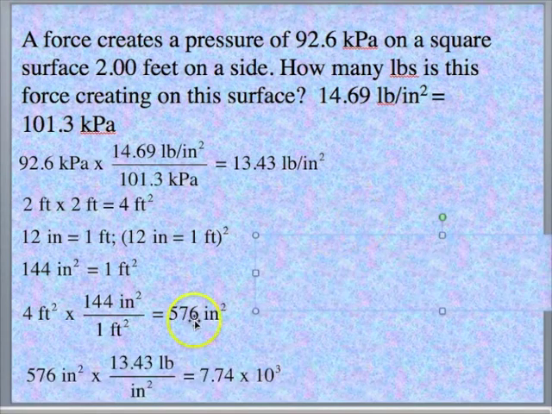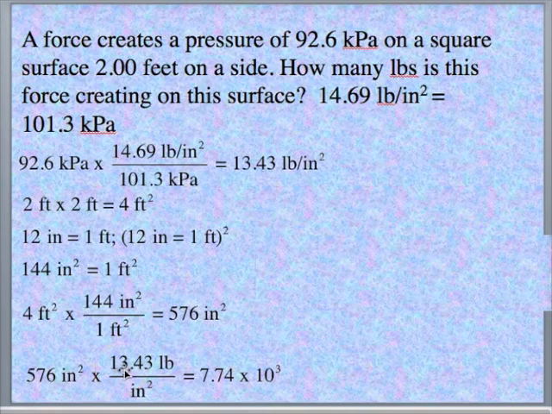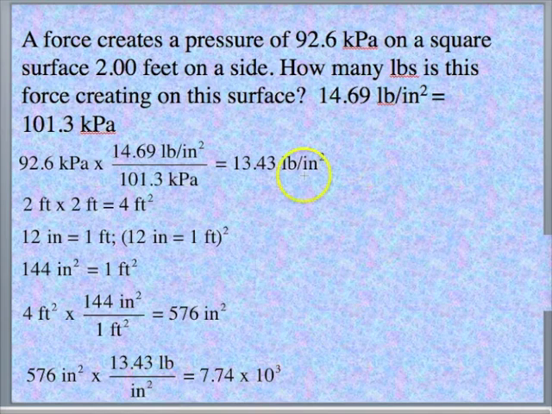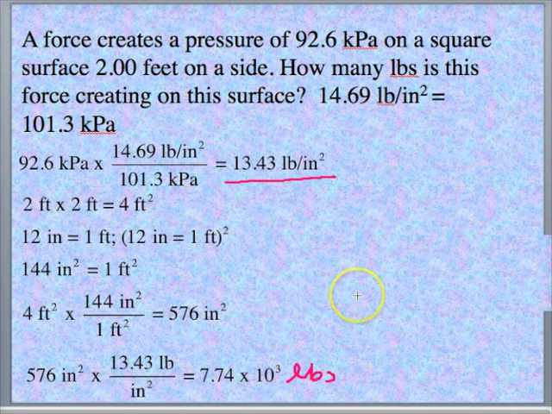Finally, you can take the 576 square inches and multiply it by 13.43 pounds per square inch, what you came up with in your very first step, and you end up with 7.74 times 10 to the third pounds. And that's how you do that problem.